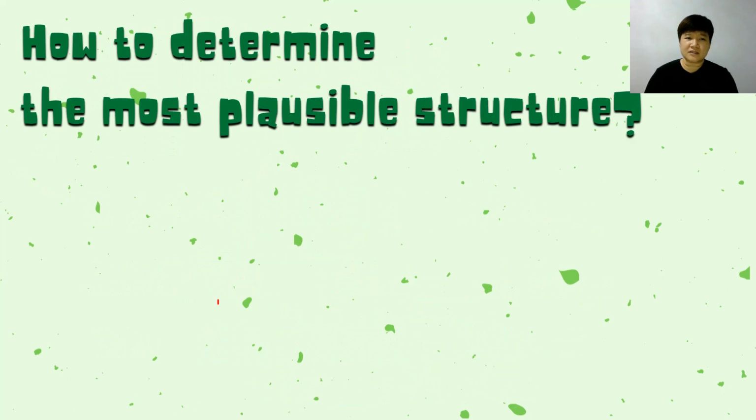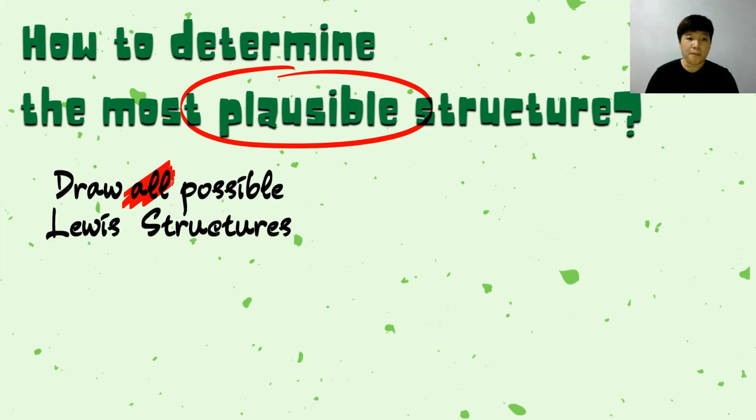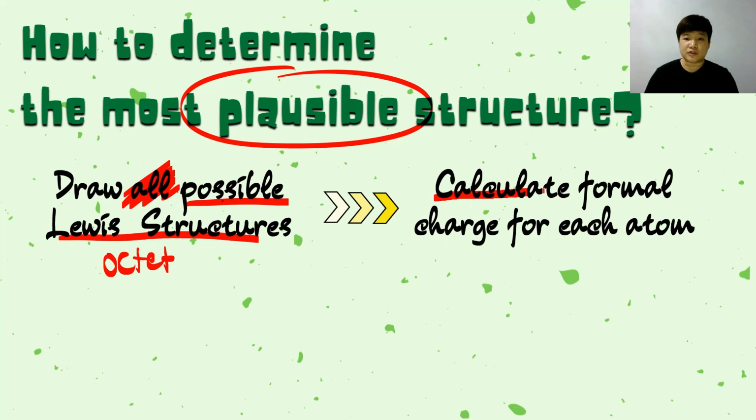How can we determine the most plausible Lewis structure? There are a few very simple steps. First and foremost, draw all possible Lewis structures, all structures that obey the octet rule and the Lewis structure rules. Then calculate the formal charge for each atom, because formal charge is the only way to determine the most plausible structure.